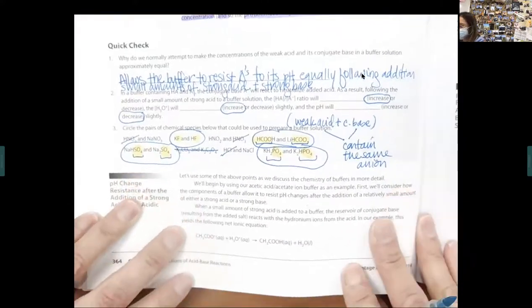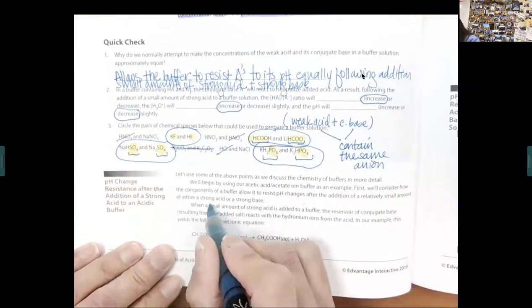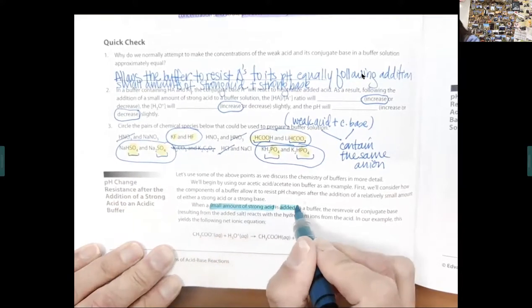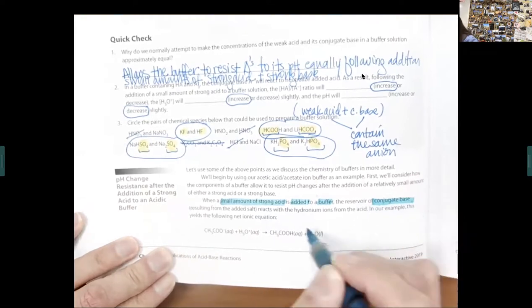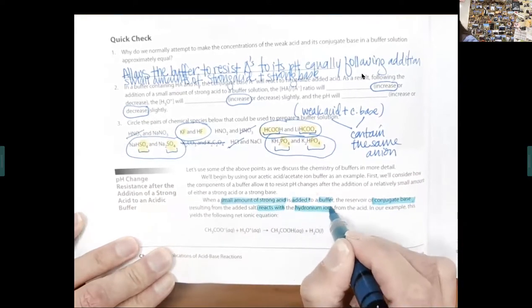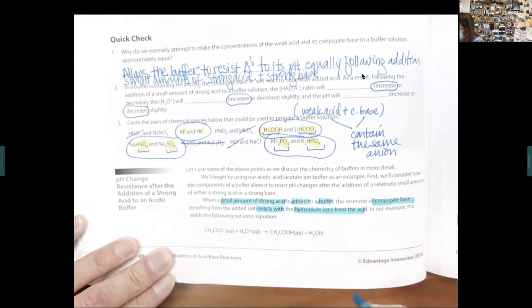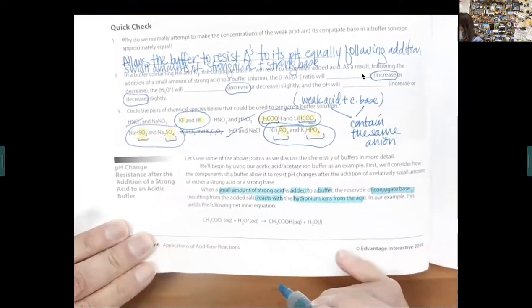Okay, that's better. When we add a small amount of a strong acid to a buffer, the conjugate base will react with those hydronium ions from the acid. And you can see that down here.